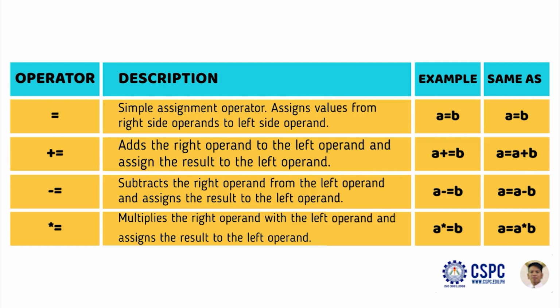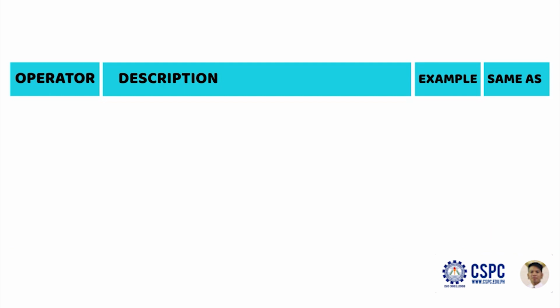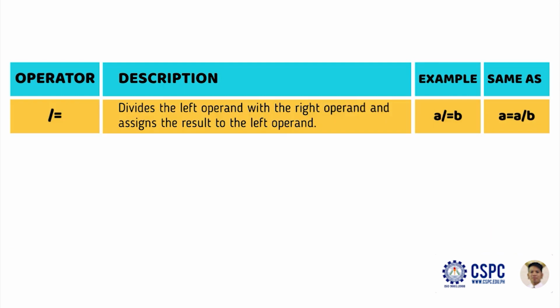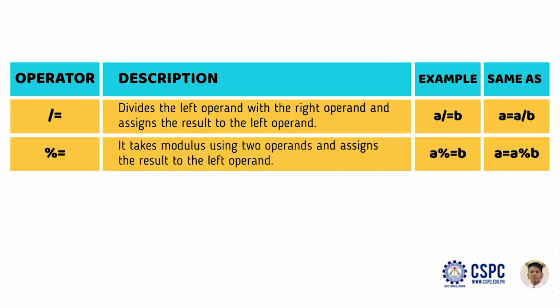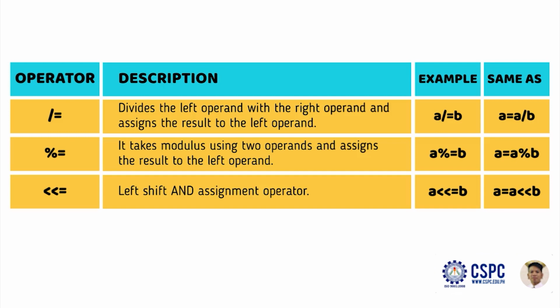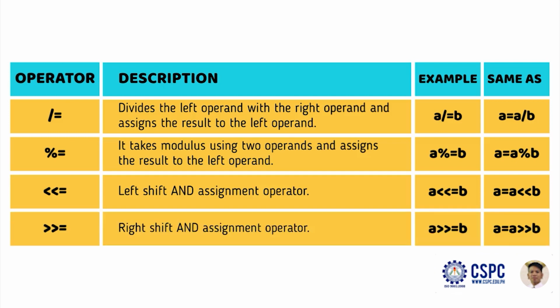The times equals multiplies the right operand with the left operand and assigns the result to the left operand. The slash equals divides the left operand with the right operand and assigns the result to the left operand. The modulus equals takes modulus using two operands and assigns the result to the left operand.